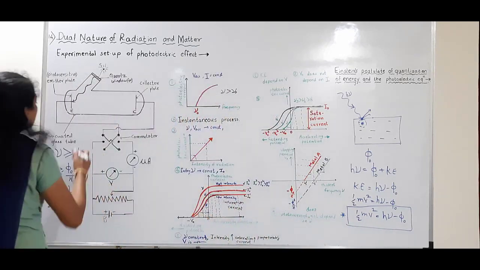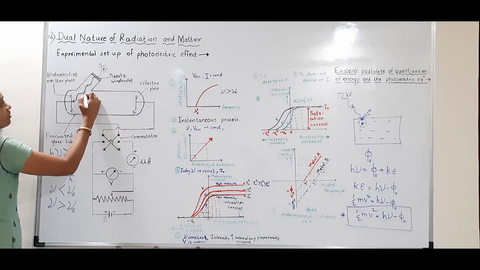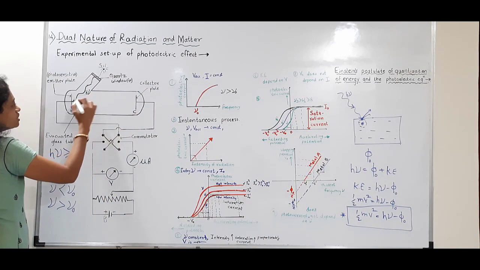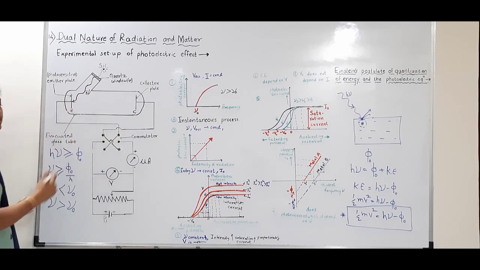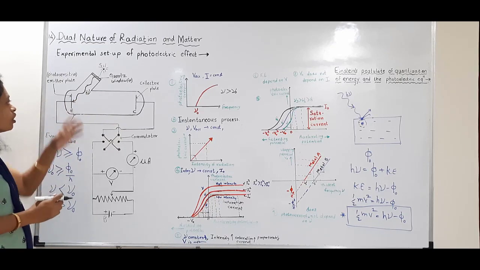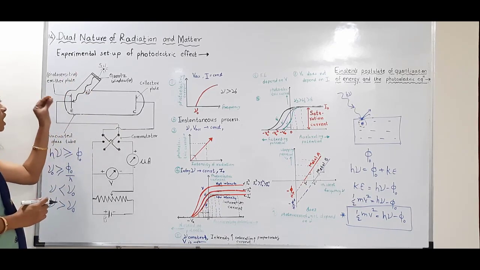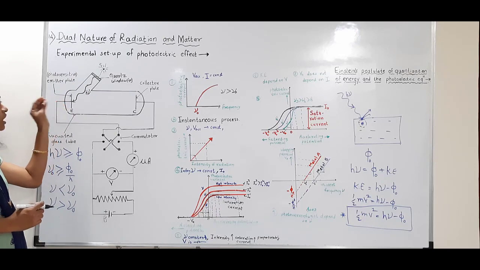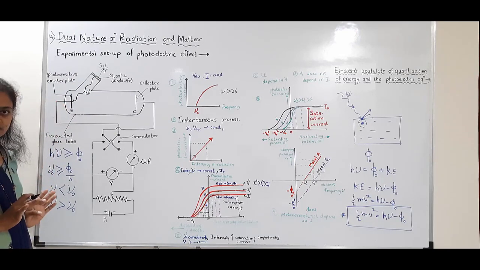According to Einstein, photons having energy h nu, when incident on the metal surface or the emitter, have all of their energy absorbed by the electron and the photon does not exist.